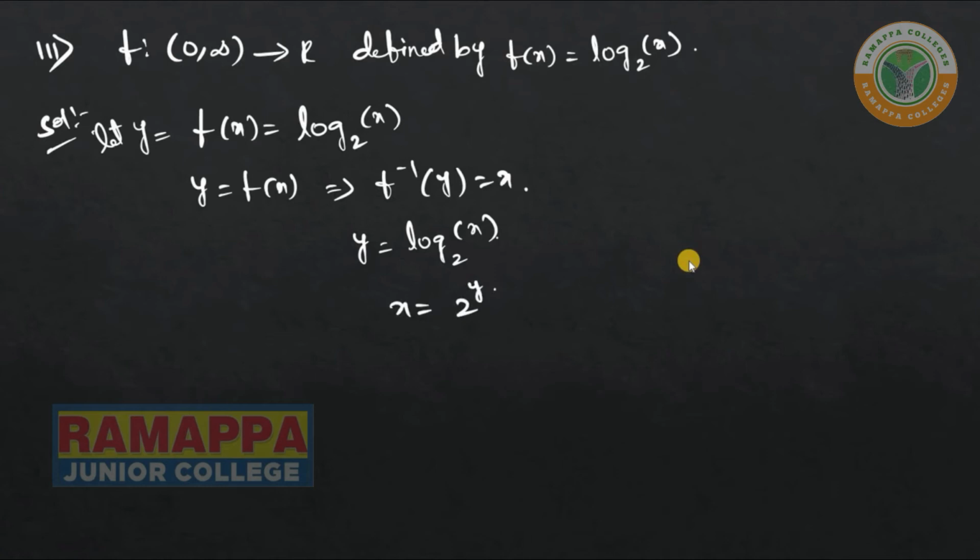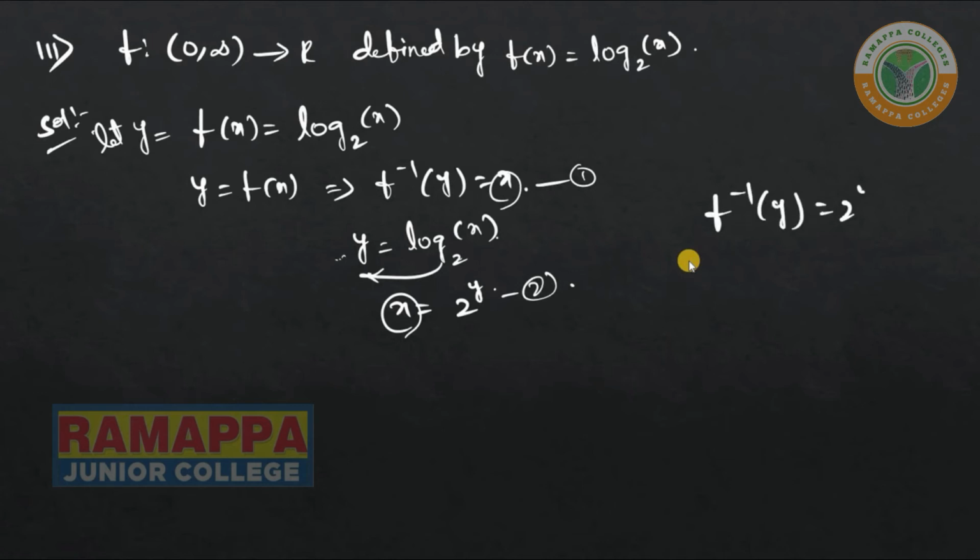I am removing the log, and it becomes 2 power of y. From 1 and 2, f inverse of y is equal to 2 power of y, and f inverse of x is equal to 2 power of x. This is the answer of this question.